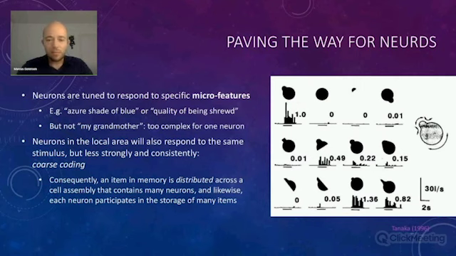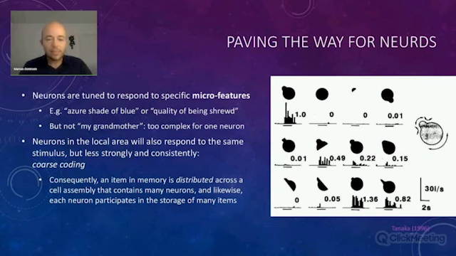And what that essentially means is that as we are making memories, those items in our memory are being distributed across what's called cell assemblies, so collections of cells that contain many neurons. So there could, for example, be 100 neurons that are all responding somewhat to circles with bits sticking out of them.